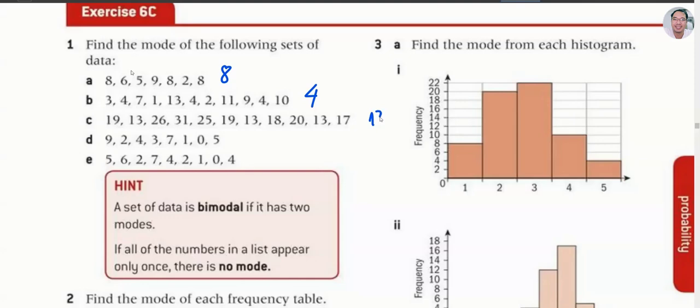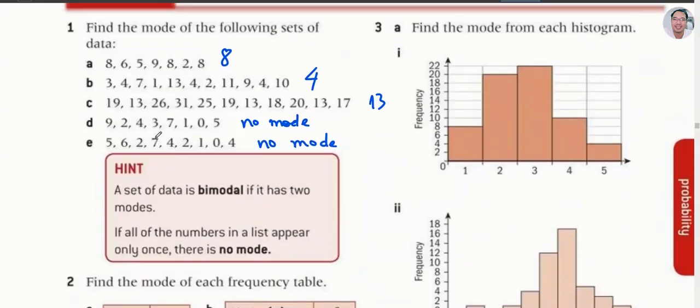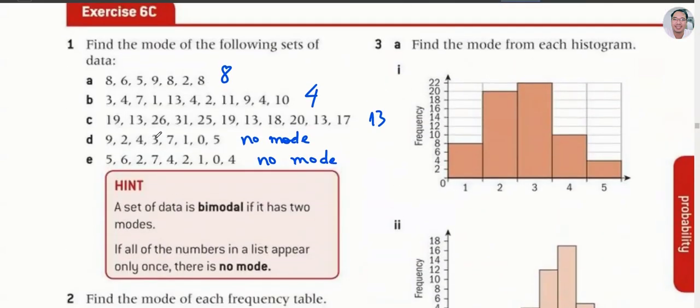Then there's no mode here, no mode also. And I think for this one, 5 repeats 2 times, so the mode is 2.